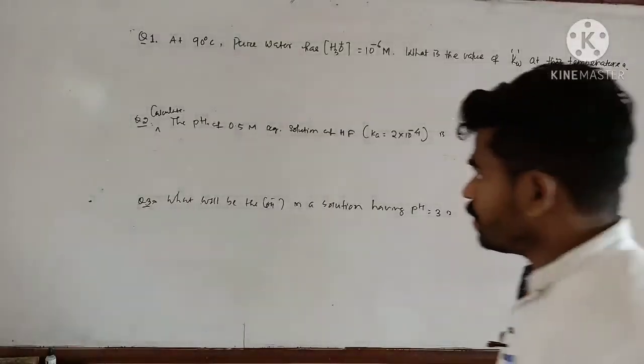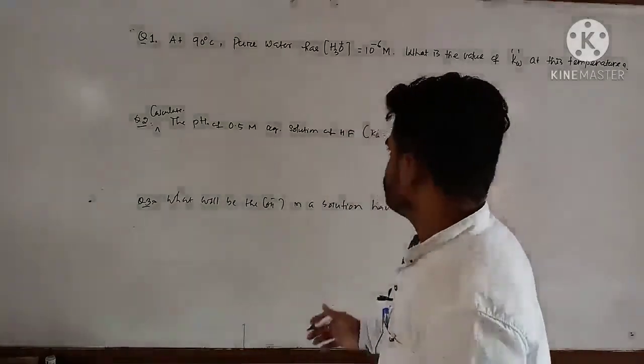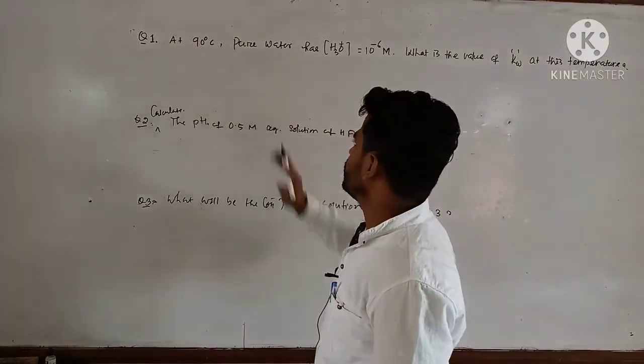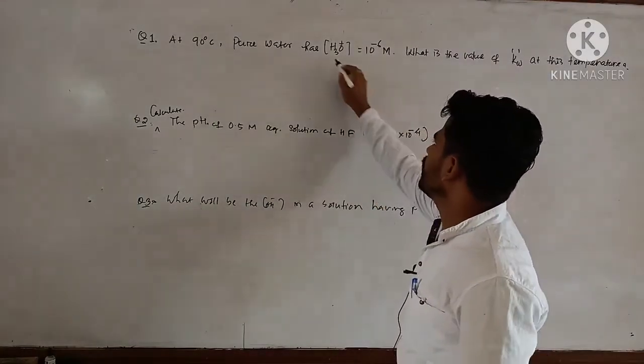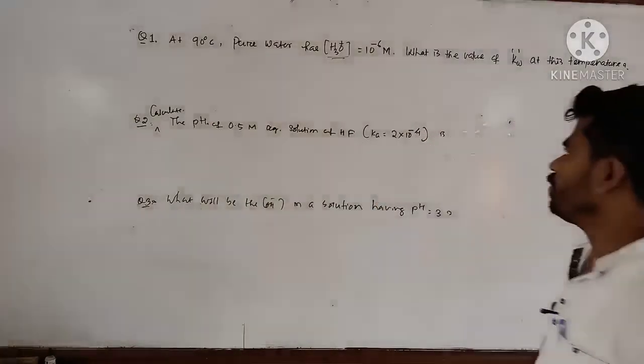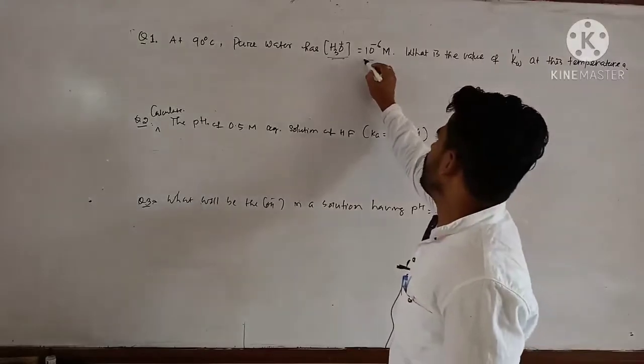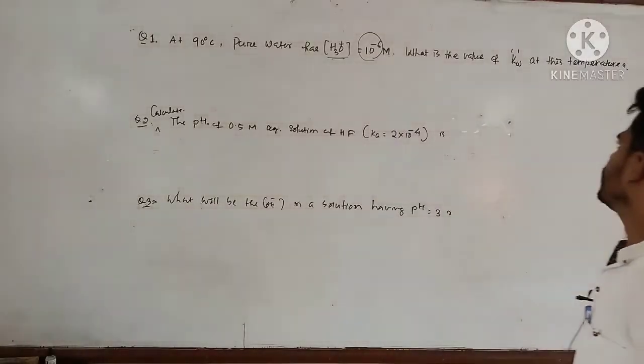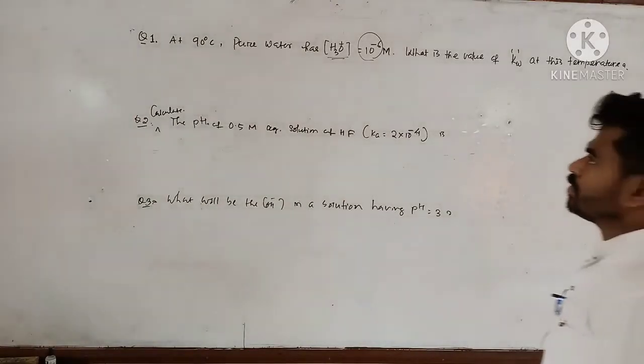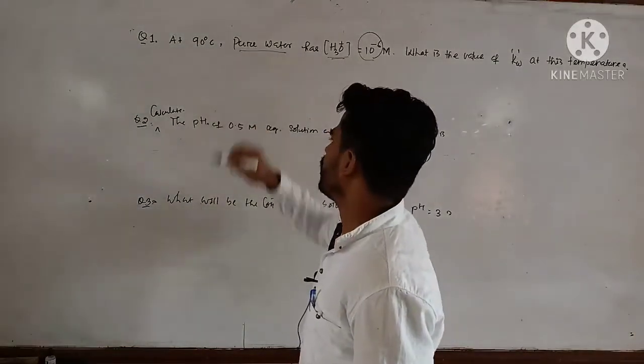So students, let's do some questions. At 90 degrees centigrade, pure water has hydronium ion, or H plus in aqueous medium, that is 10 to the power minus 6 molar. What is the value of Kw at this temperature? So the substance is pure water at a particular temperature.